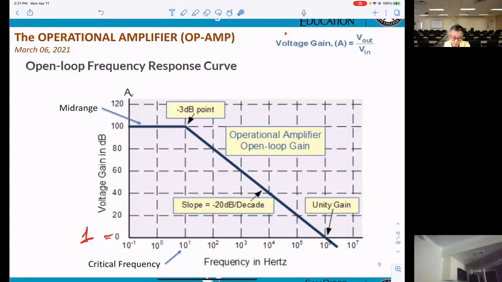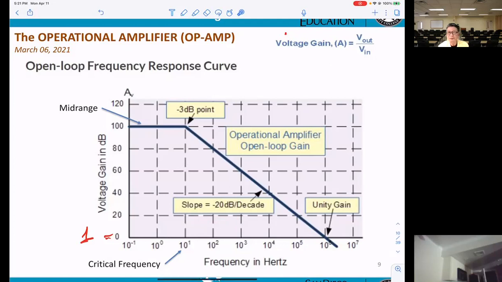If you want to increase the bandwidth, you can pick any point in here. For example, at this point right here, the gain goes down from 100 to 60. That means you reduce the gain. However, if the critical frequency is 10 to the power of 3, 1 kilohertz, the bandwidth will be 0 up to 1 kilohertz.